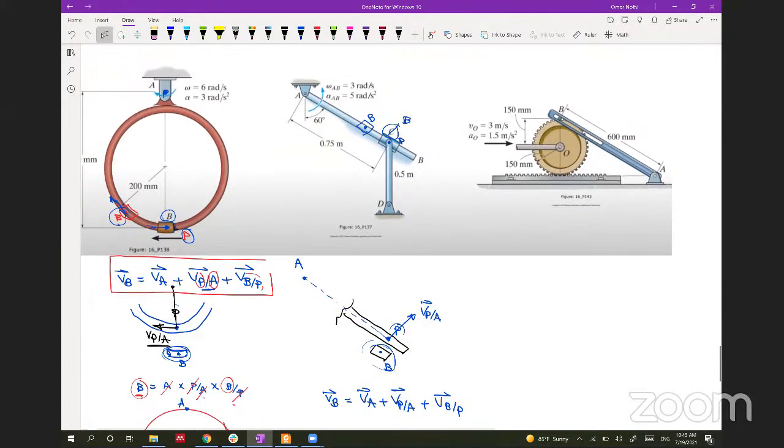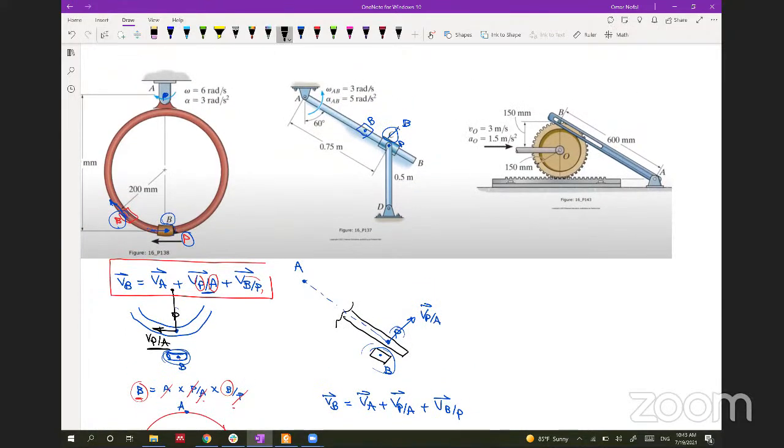And similarly, for this one, you will have an arm with a small groove here. Let's put B here, and you have A down there, and a point on the disk O like this, and let's call this P. There's a pushing force that allows this disk to move this way.